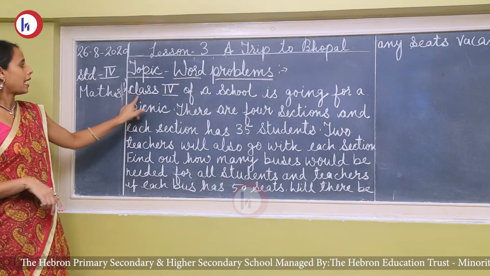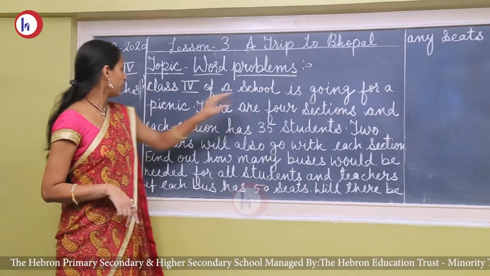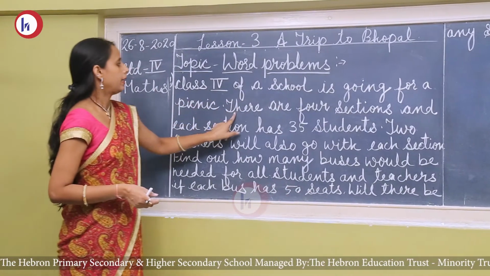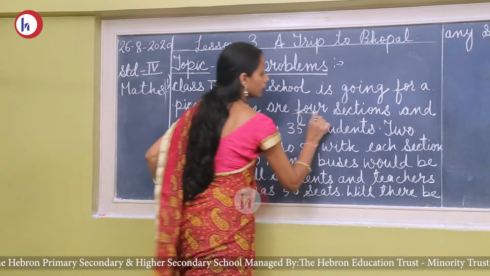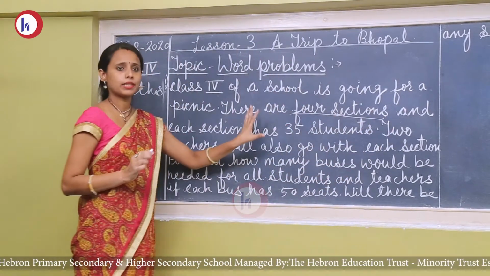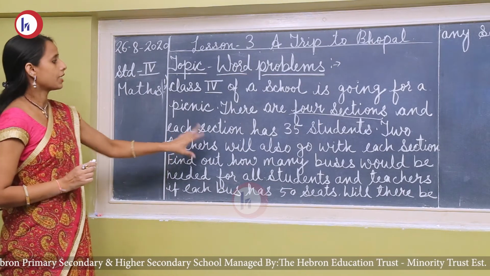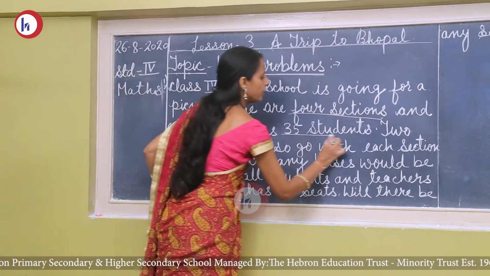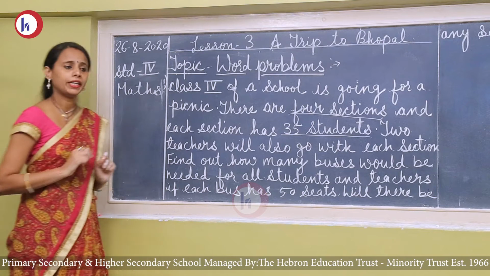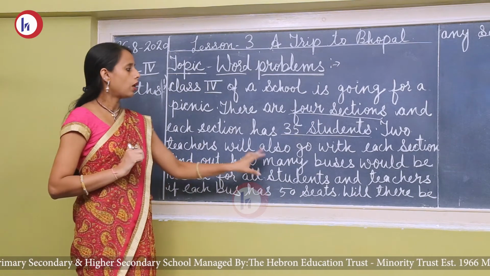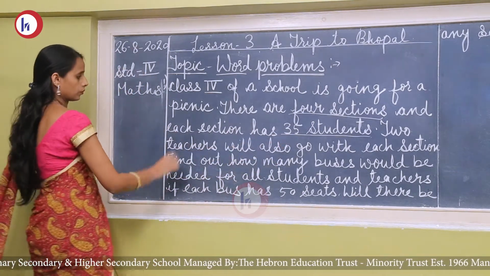First question is, class 4 of a school is going for a picnic. There are 4 sections. So underline that 4 sections are there. And each section has 35 students. How many students in each section? 35. 2 teachers will also go with each section.